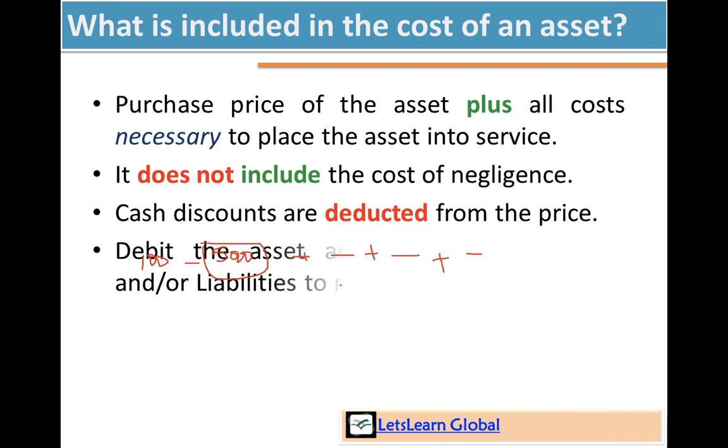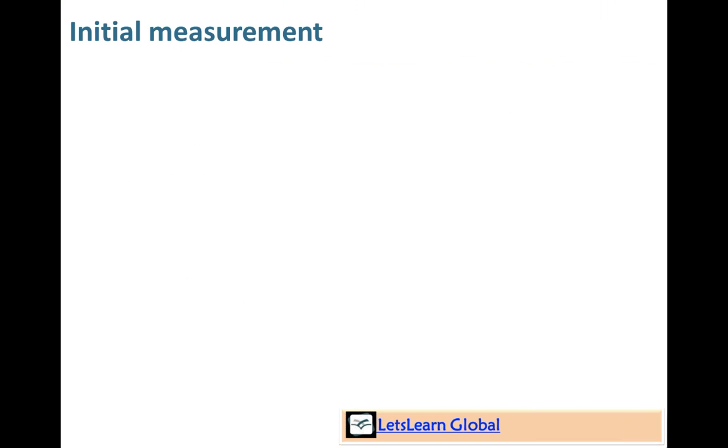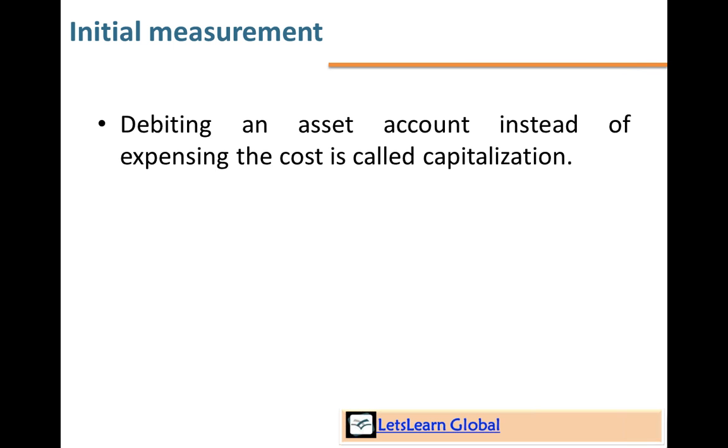So the entry would be debit the asset account, credit bank account, or if you buy it on credit basis, you can record a liability, that is the supplier account. Never expense it, because as you say asset, it means that it will give you a benefit for more than a year. Never debit expense, please.